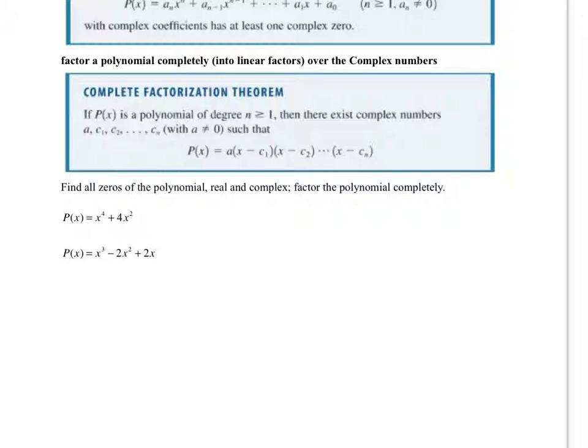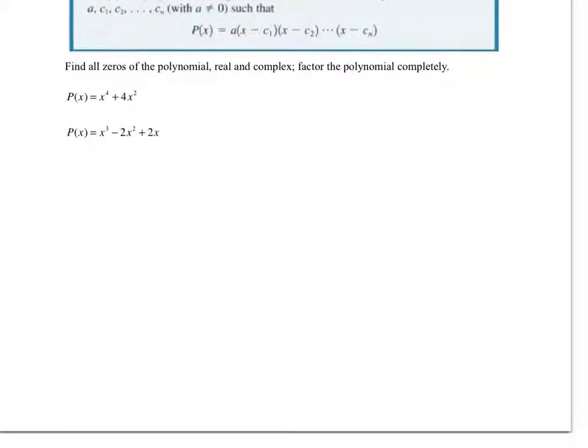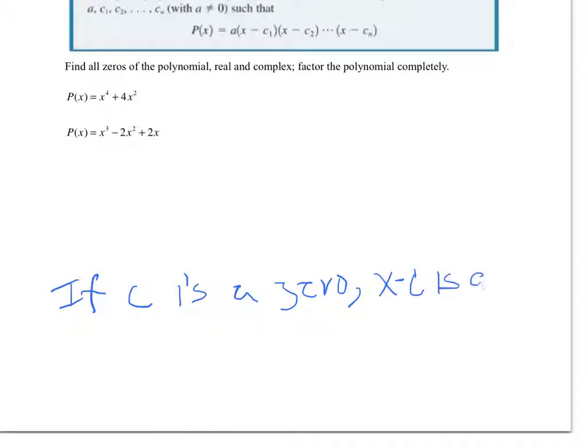We remember that if c is a 0, the number c, then we know that x minus c is a factor. So we have 3 numbers here to substitute for c. The numbers are 0, 2i, negative 2i.